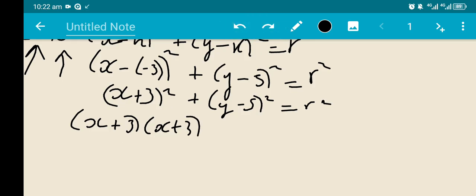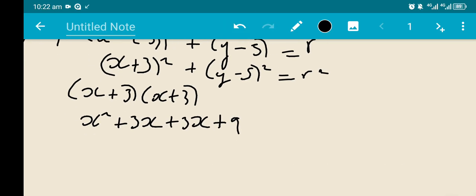So x times x would be x squared, then x times 3 would be plus 3x, and then 3 times x would be plus 3x, then 3 times 3 would be plus 9. Then as you may see here, these can be added in the middle. So this here is x squared plus 6x plus 9.